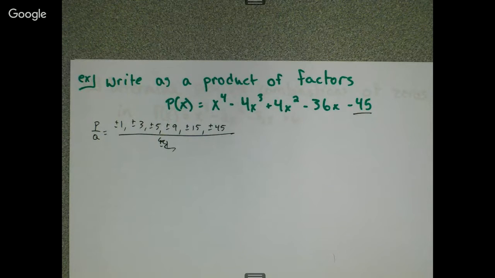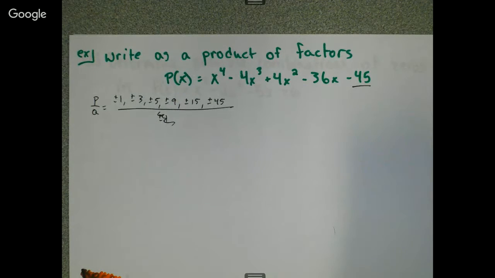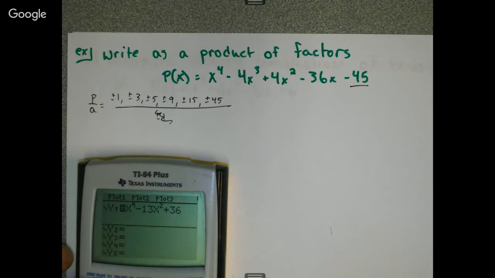So now we just need to evaluate all of these zeros. Well, maybe a little bit quicker way, if we've got access to this graphing calculator. So I've got x to the fourth minus 4x to the third plus 4x squared minus 36x minus 45.